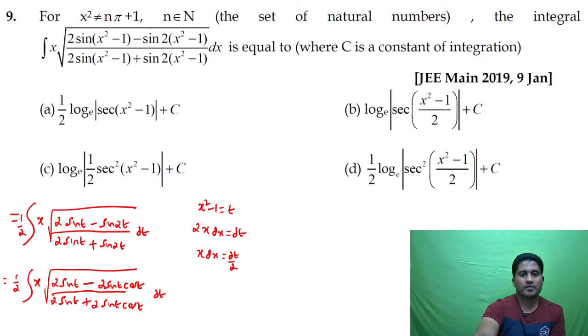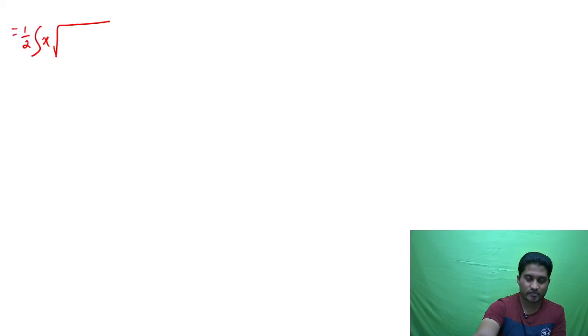So x dx is equal to dt by 2, so there is no x here. That half of dt I took outside, got completely in terms of t. So there is no half here.